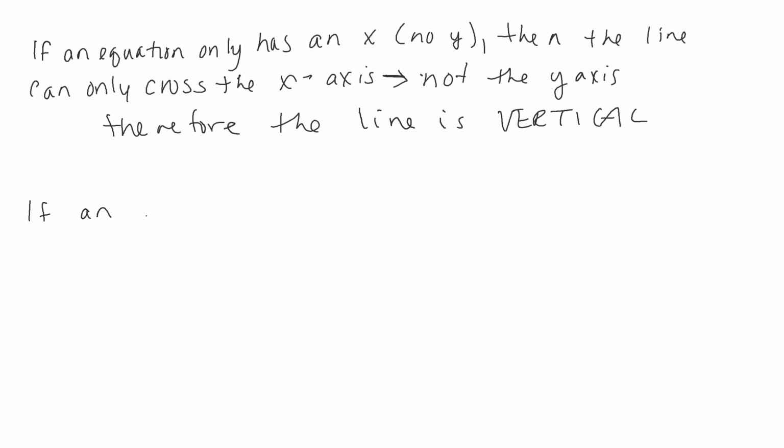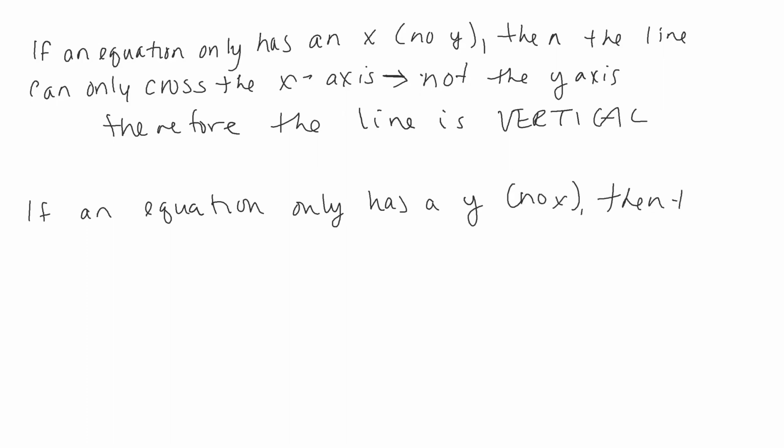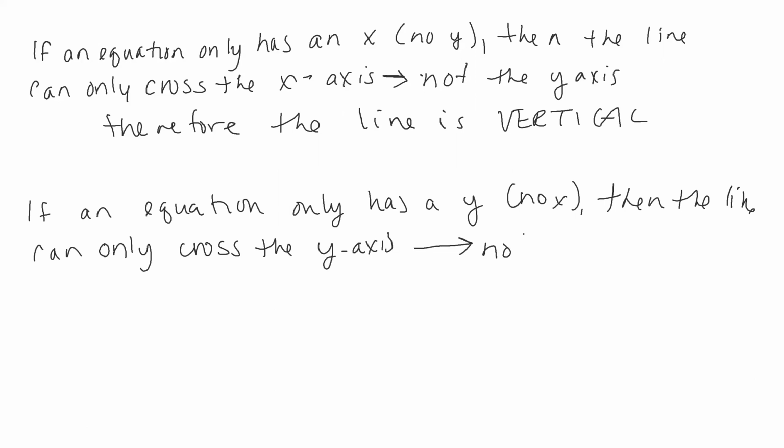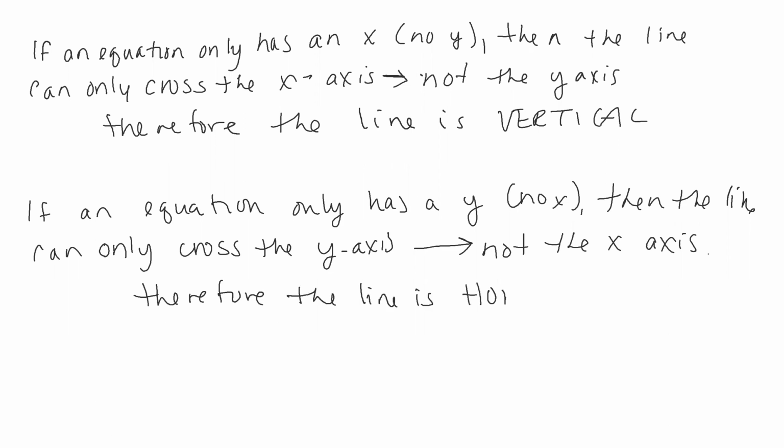If an equation only has a Y, no X, then the line can only cross the Y-axis, not the X-axis. Therefore, the line is horizontal.